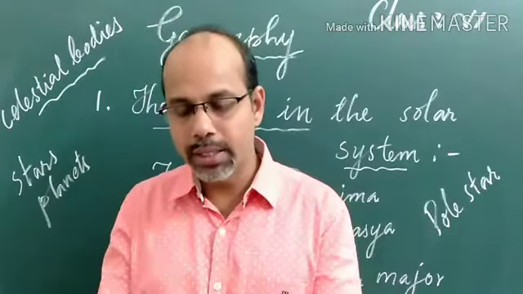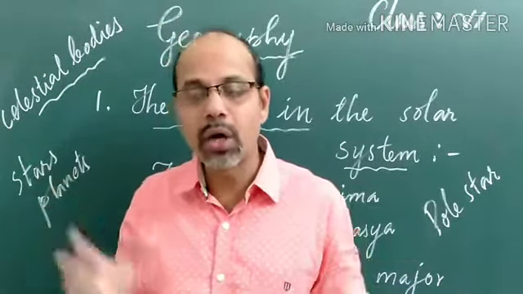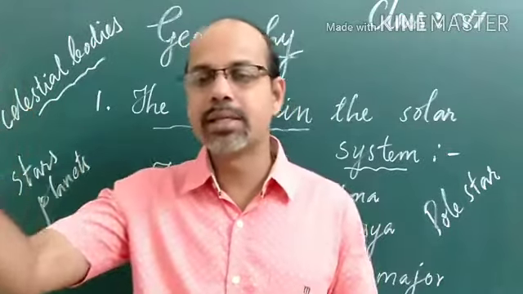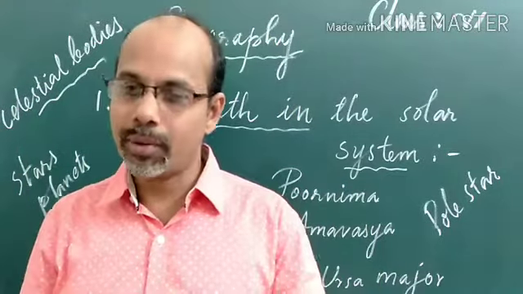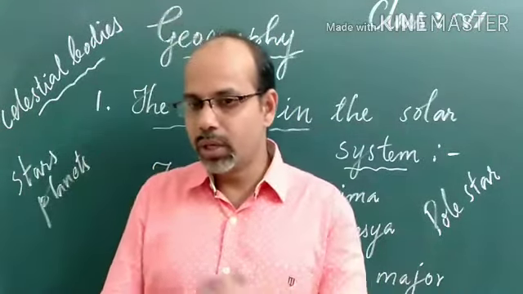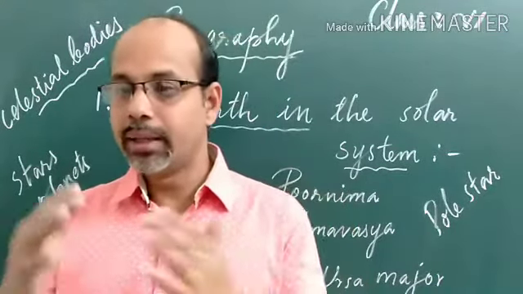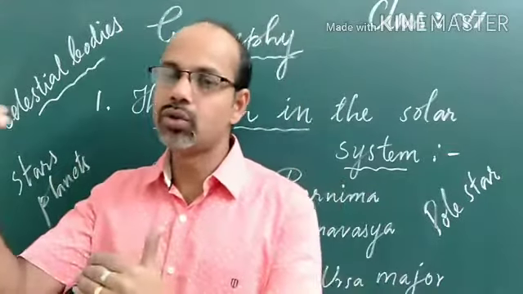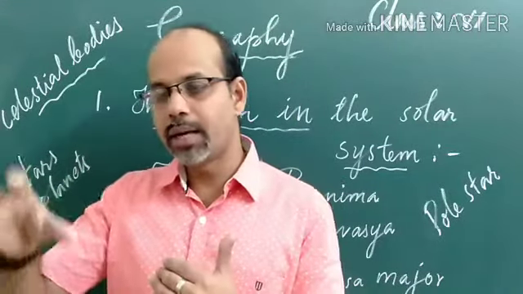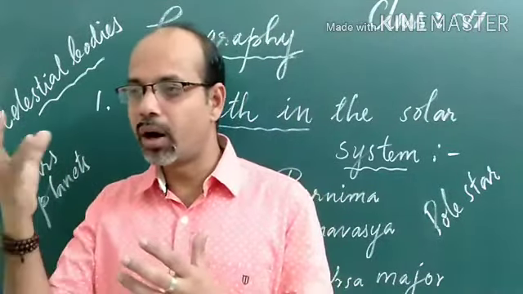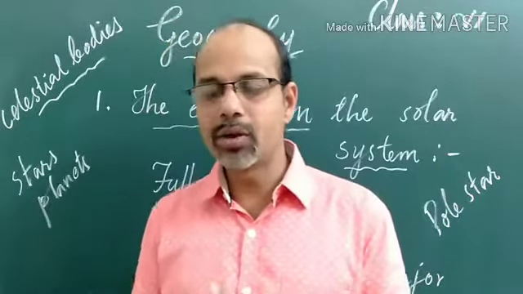We have already studied that the earth does not have its own heat and light, it only receives heat and light from the star. So it gets all its light and heat from the sun, that is the nearest star to earth.